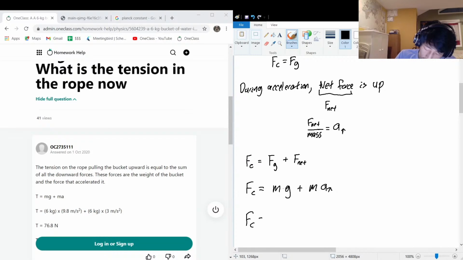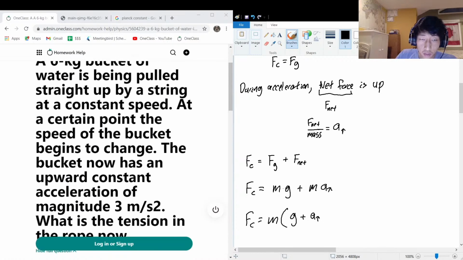So Fc equals mass times gravity plus acceleration upwards, because that's the actual acceleration that the cord needs to supply. It needs to supply an upwards acceleration to counteract the acceleration down due to gravity. So that's why we have the g, as well as the actual acceleration upwards, which I think was given as 3 meters per second squared.